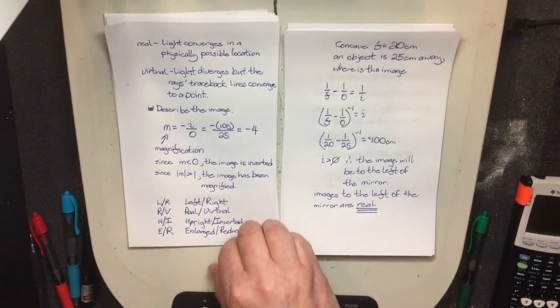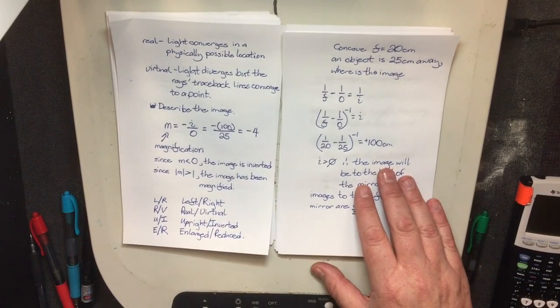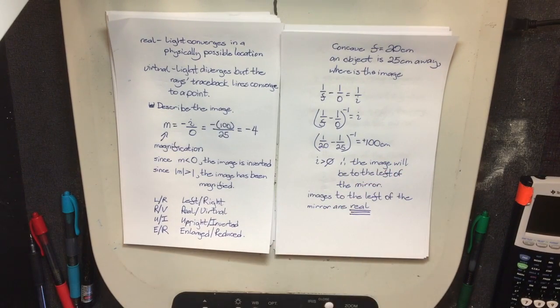Student: Since the absolute value of M is greater than 1, I mean, the absolute value of M is always going to be greater than 1. Not always. There will be situations where the image is reduced. If the object distance was greater than the image distance, which does happen, it would be reduced.